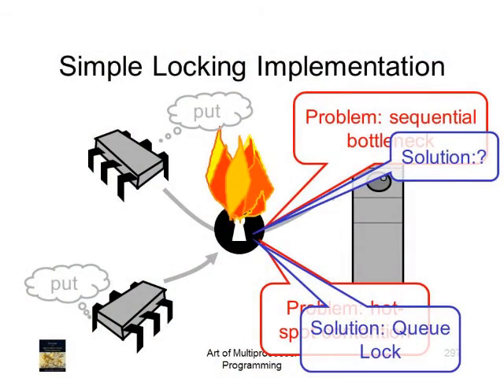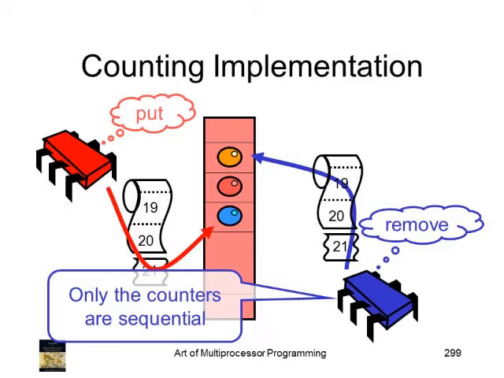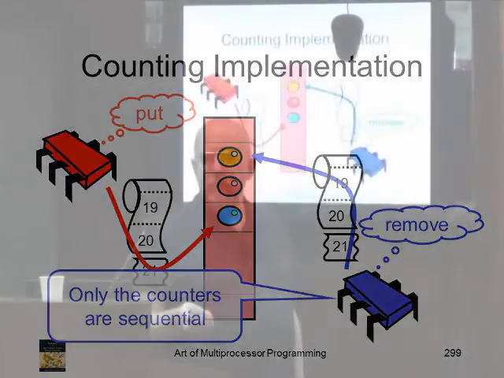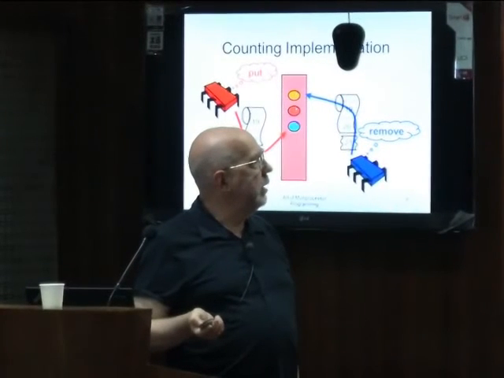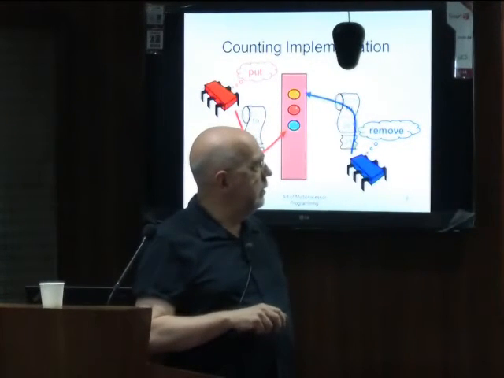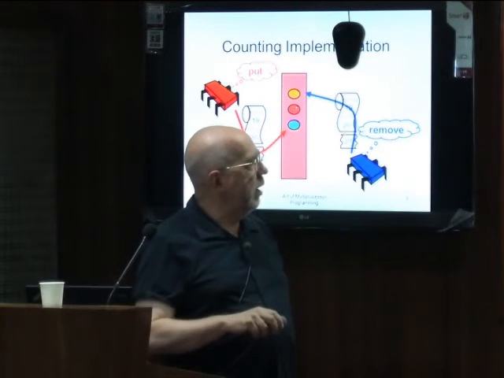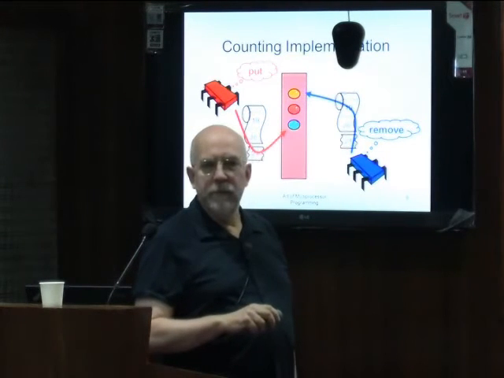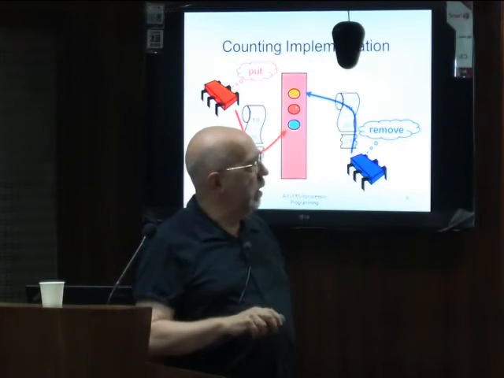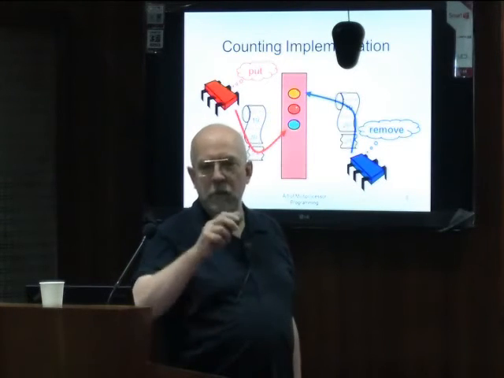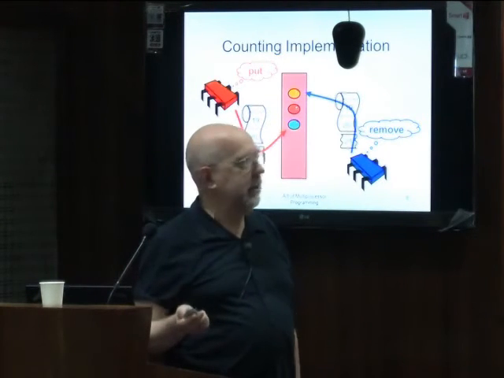So what I could do instead is say, well, let's have a shared counter, where the enqueuer takes a value from the counter, the dequeuer takes a value from the counter, and all the enqueuers share a counter, and all the dequeuers share a counter, and I won't worry about wraparound and things like that here.